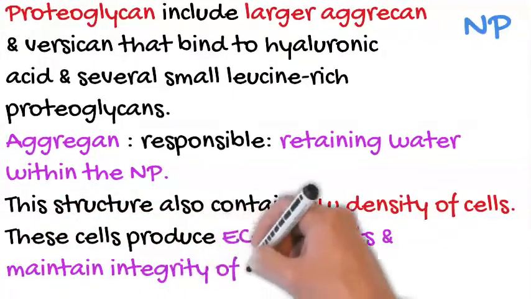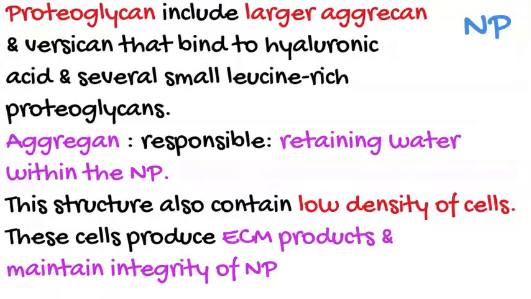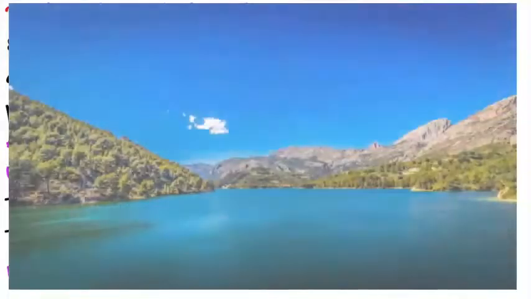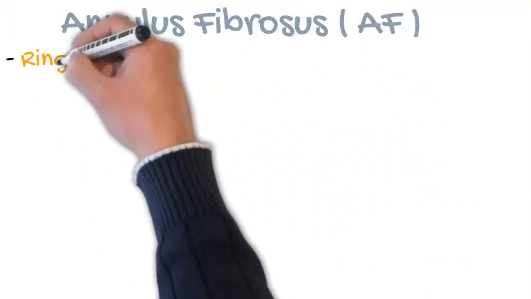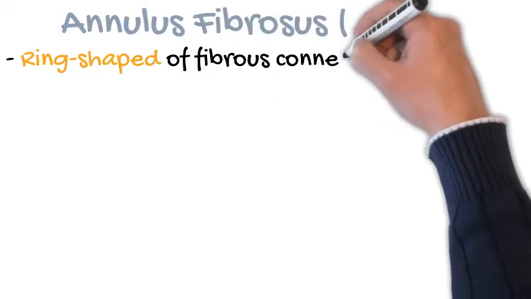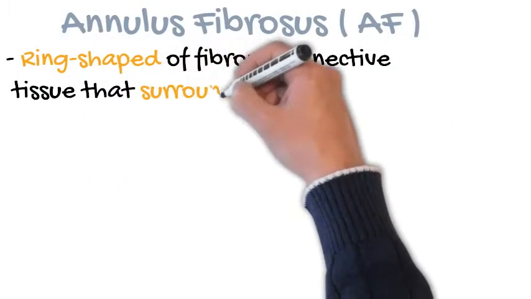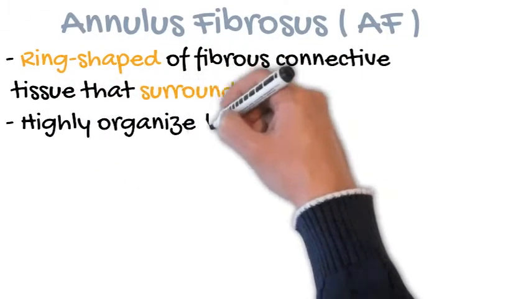This structure also contains a low density of cells. These cells produce the extracellular matrix ECM products, for example aggrecan, type 2 collagen, etc., and maintain the integrity of the nucleus pulposus. The annulus fibrosus, AF, is a ring-shaped disc of fibrous connective tissue that surrounds the nucleus pulposus.